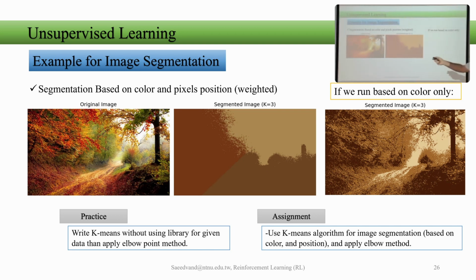If you run it based on color only on this image, what will happen? It will look like that, K equal to 3 again. It means that the colors we have here, like the red ones, get closer to the color in that cluster and get replaced by the average of that. And you can see what happened over there. Look, we removed the background.